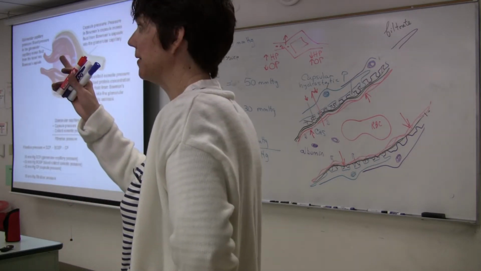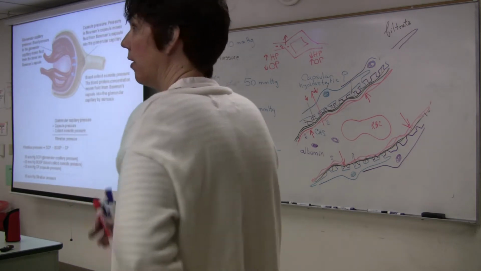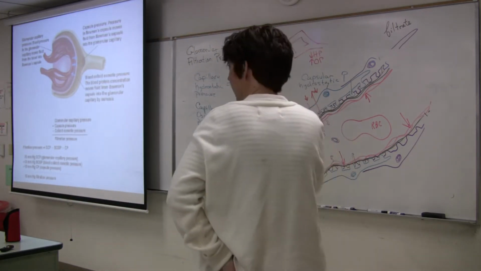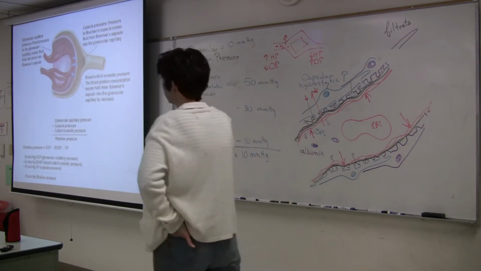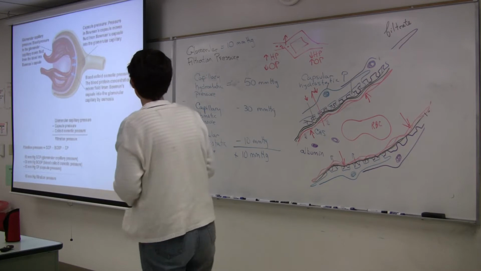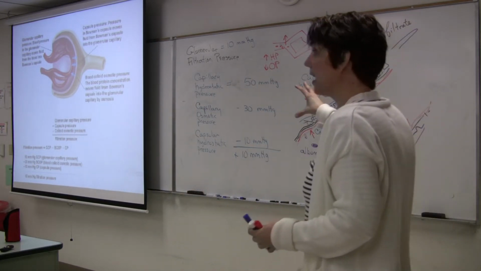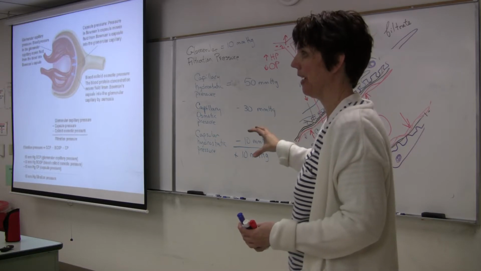It's going to go up, okay? And if we lose blood volume, dehydrated, or hemorrhaging, and nothing else changes, then capillary hydrostatic pressure goes down, okay? So this means that it's very important for the kidney function to regulate blood pressure, all right?